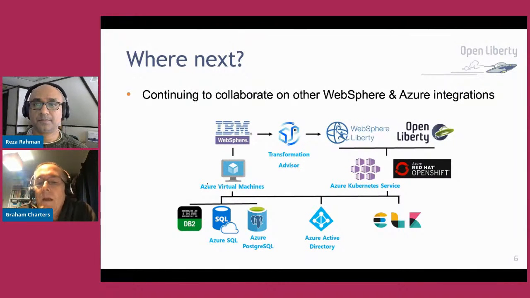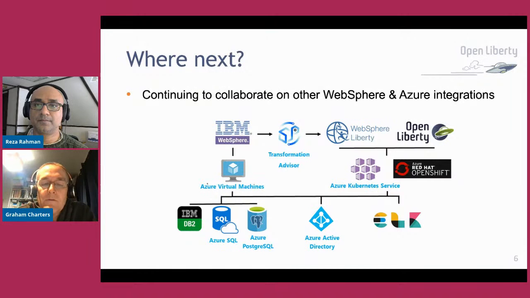We're also looking at things like some customers who aren't doing hybrid cloud, aren't looking at OpenShift as a solution across multiple clouds, are considering or are choosing native Kubernetes services, so the Azure Kubernetes service, so looking at providing guidance and capabilities around that. And then there's the things you integrate with. So Reza mentioned database, Azure Postgres. There's on-prem database to be considered.